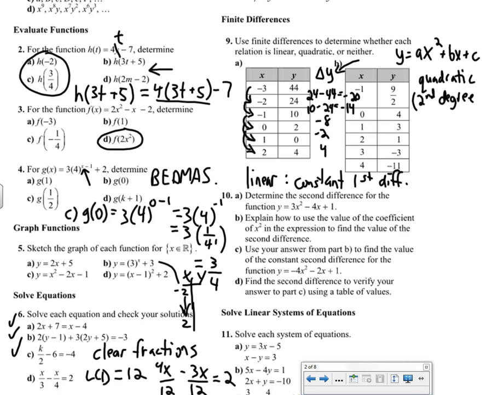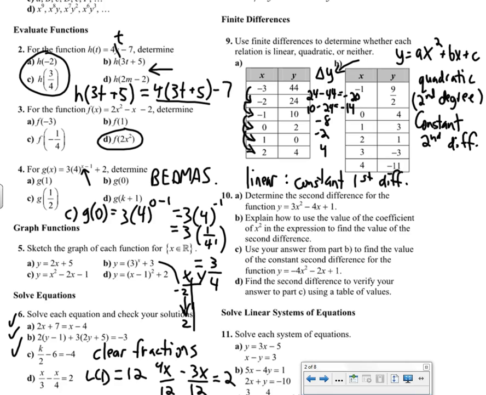So quadratic relations have constant second differences. And so this question is targeting that property. If there's no pattern in the differences and we can't arrive at constant third or fourth differences and they just keep changing or repeating, we're going to conclude that it is neither linear or quadratic.